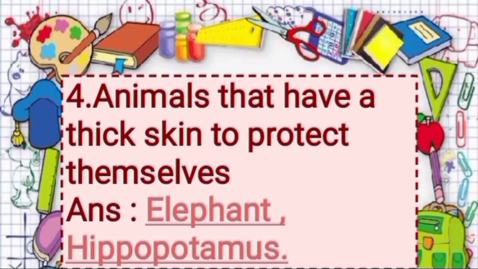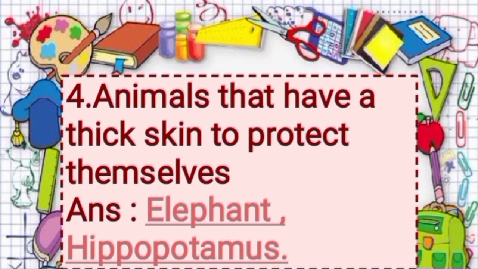Now next question, animals that have thick skin to protect themselves. So the question is animals that have a thick skin to protect themselves.